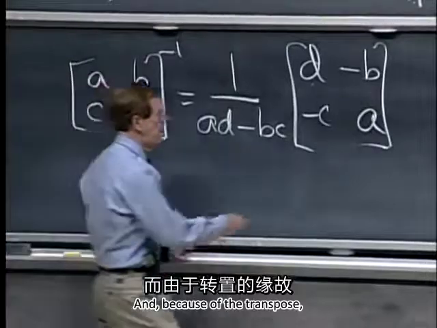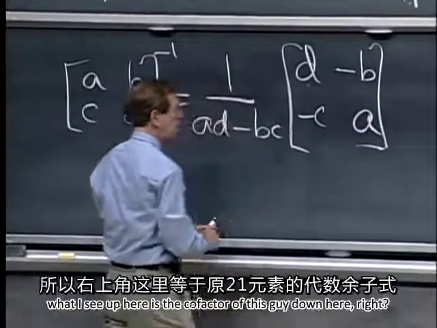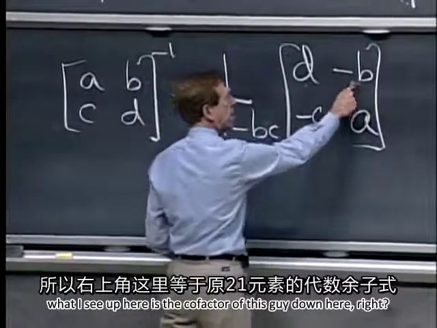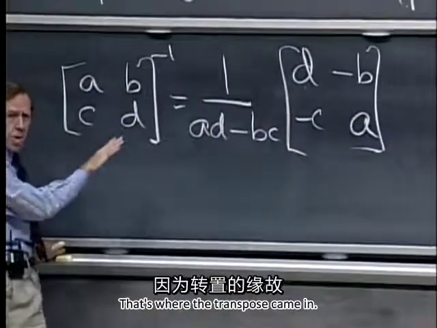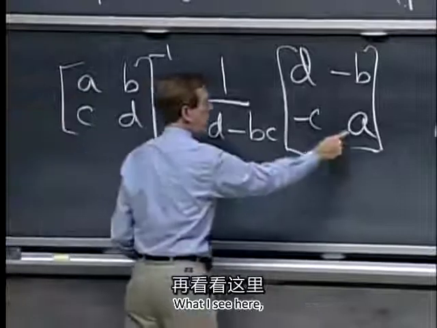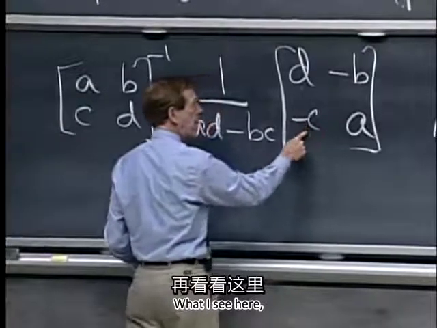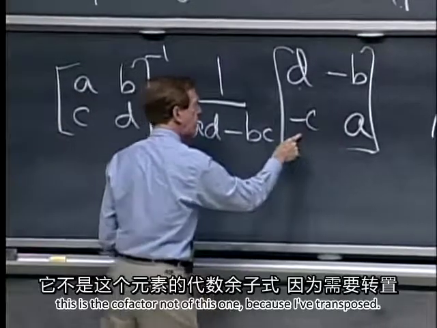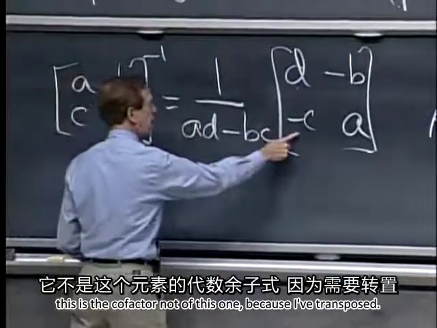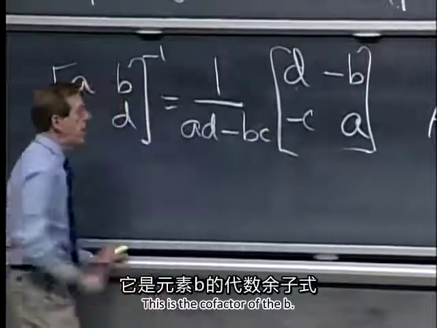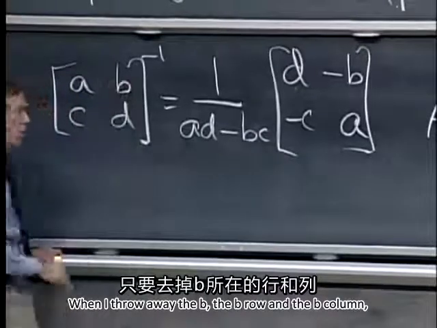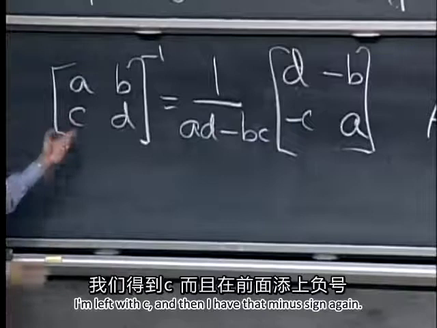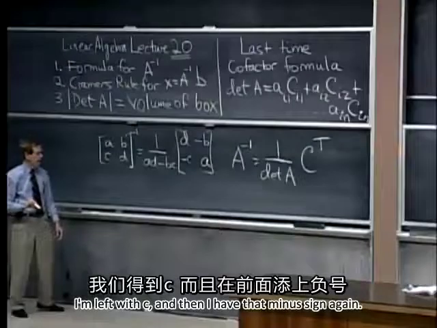And because of the transpose, what I see up here is the cofactor of this guy down here, right? That's where the transpose came in. This is the cofactor not of this one, because I've transposed. This is the cofactor of the B. When I throw away the B row and the B column, I'm left with C, and then I have that minus sign again.